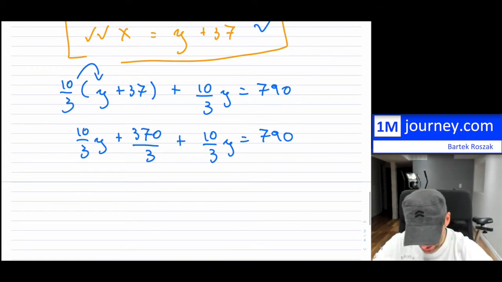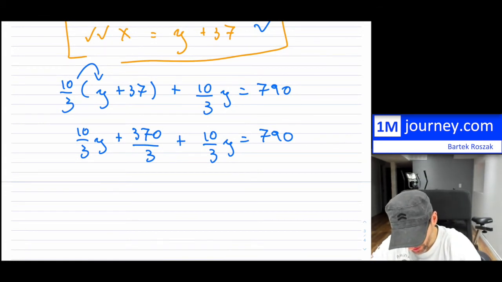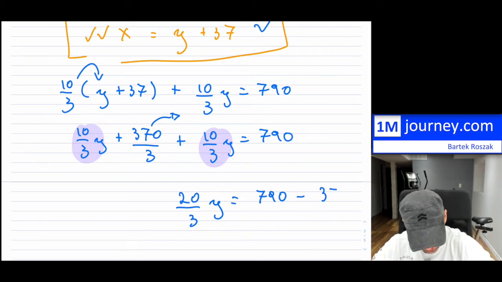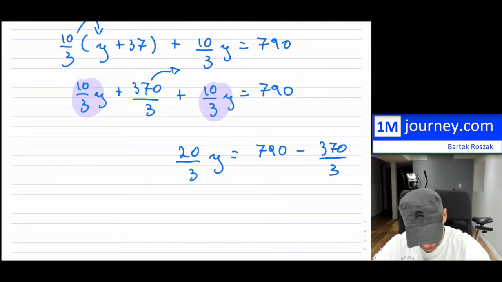So solving this, we can group these things together and bring this over to the other side. So I'm going to get 20 over 3Y is equal to 790 minus 370 over 3. All right, so that's what we have there.